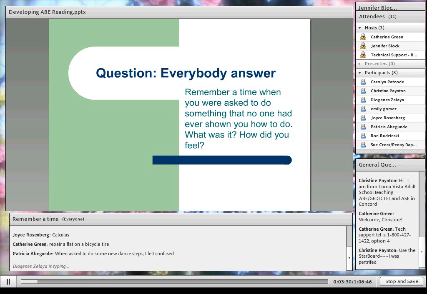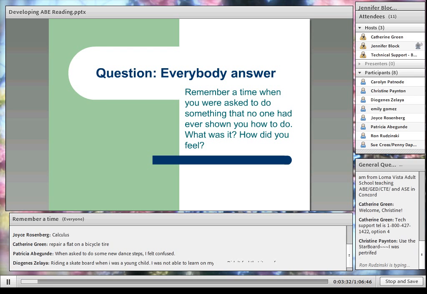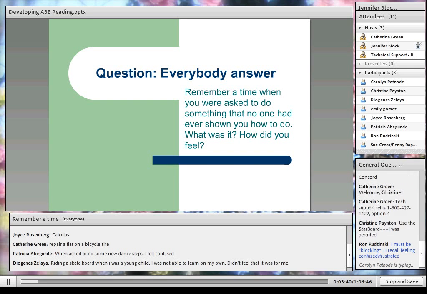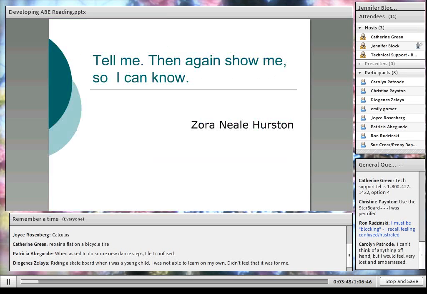I think we've all had this experience of thinking we should know how to do something, but since we haven't seen it done before, we don't know really what the product might look like exactly and how we might go through the steps. So this takes us to our next little slide, which a little bit of wisdom from Zora Neale Hurston, whose quote says, "Tell me, then again show me, so I can know."